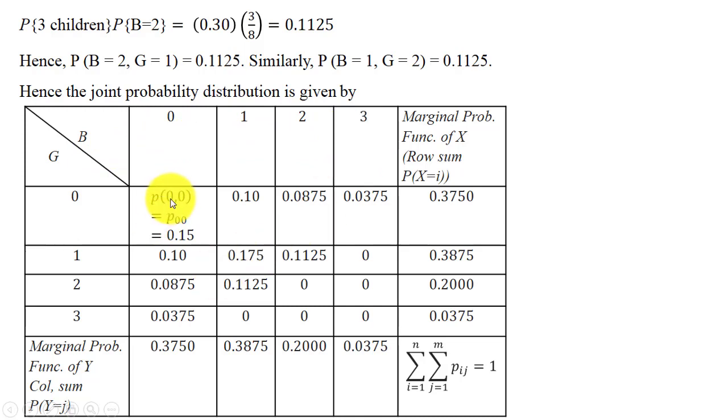The probability of 0 girls and 0 boys is 0.15. The probability of 0 girls and 1 boy is 0.1. Then 0 girls and 2 boys, 0 girls and 3 boys. Similarly, 1 girl and 0 boys, 1 girl and 1 boy, 1 girl and 2 boys, and so on.